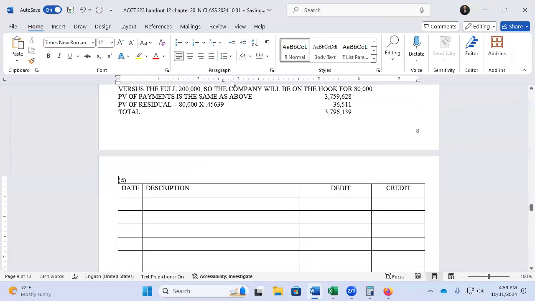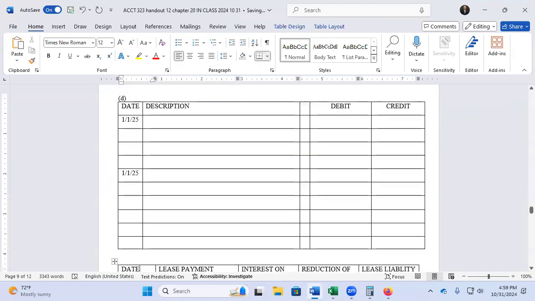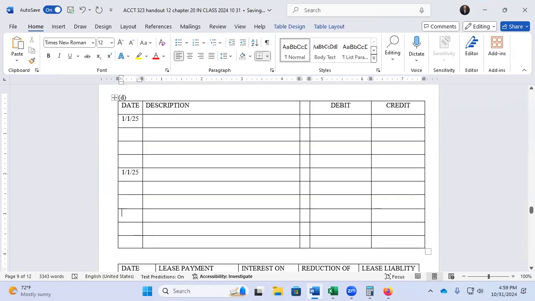Okay, I'll give you about 5 minutes to do D. You have 3 entries. One's 1/25, and then another one on 2025 for the payment, and then 7/1/25 for the next payment.